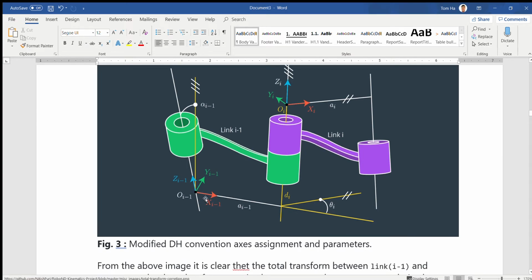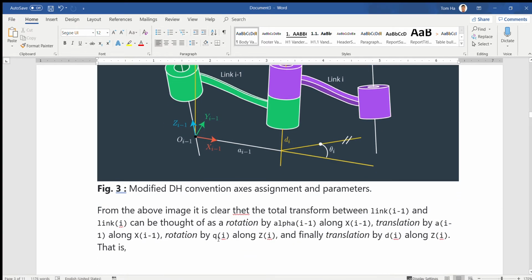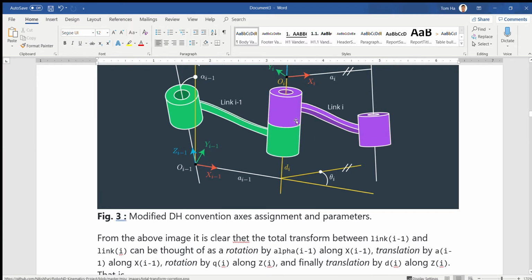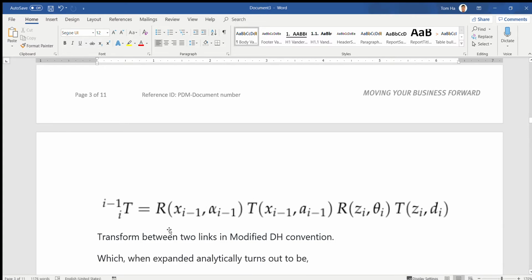Look at this frame: to move from here to here and match this frame, you have to rotate by alpha first, translate by a, rotate by theta, and move up d, and you get this frame. So they represent the homogeneous transformation from this frame to this frame. It is rotation, translation, rotation, and translation.